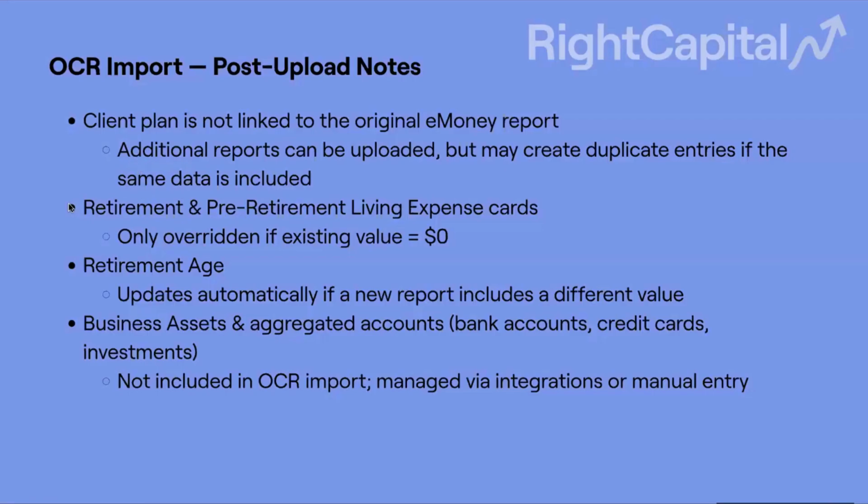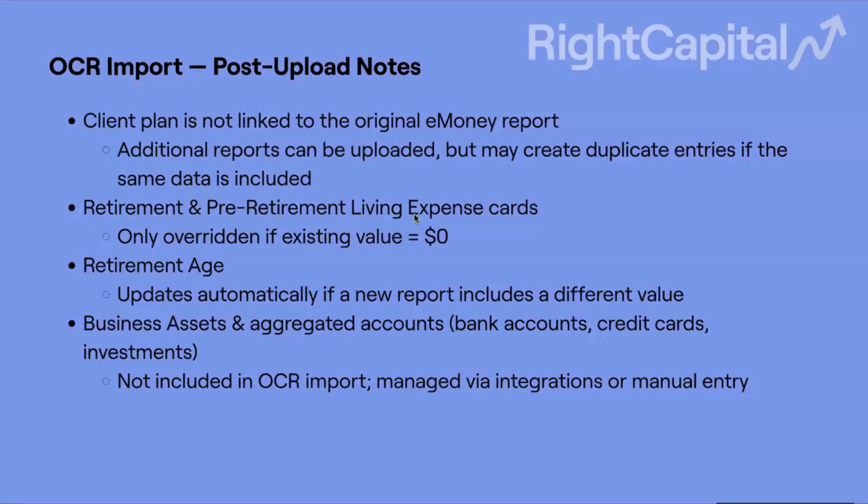I also want to just touch on a few key points to remember about how those updates behave. So if you are to upload a new report, our pre and our post-retirement living expenses cards will only be overridden if the existing value in RightCapital is 0.